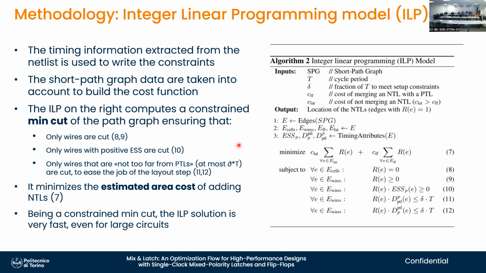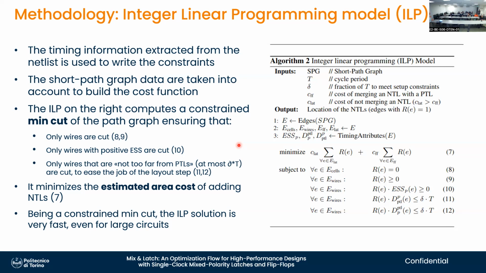We want to cut only edges with positive estimated slack, and we want to keep things not far from being balanced. We don't want to make things too unbalanced. We put everything together, and we get a linear program that, in fact, looks pretty much like a min-cut problem.